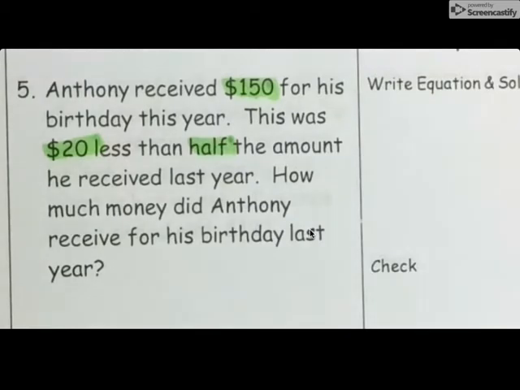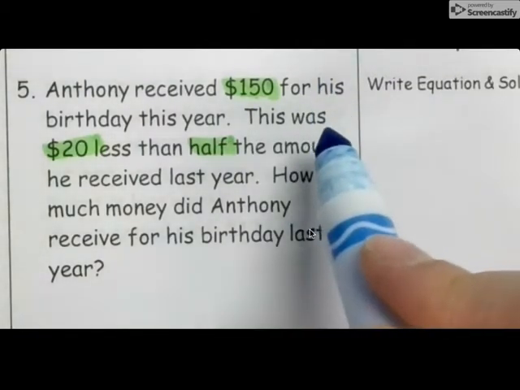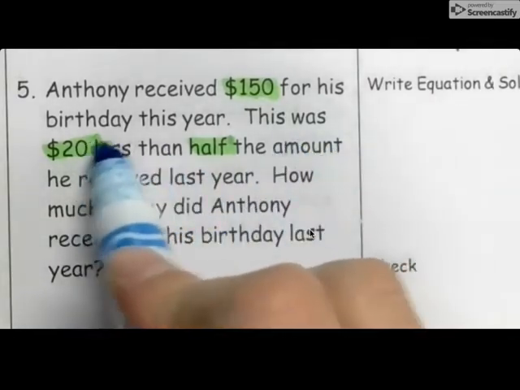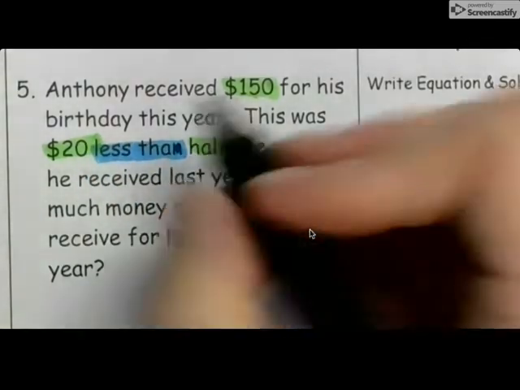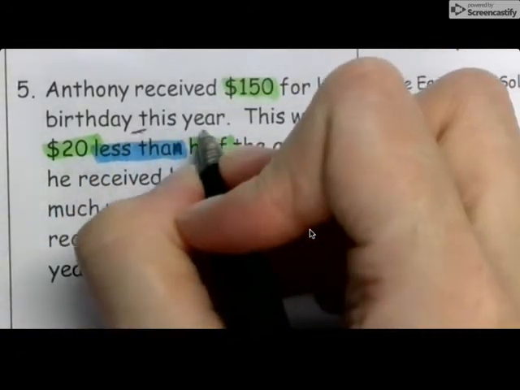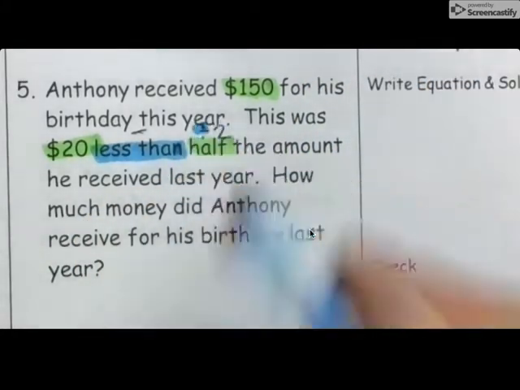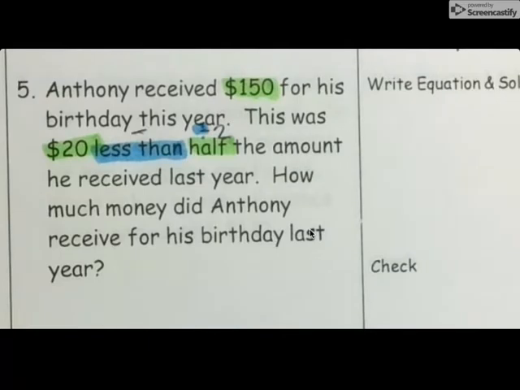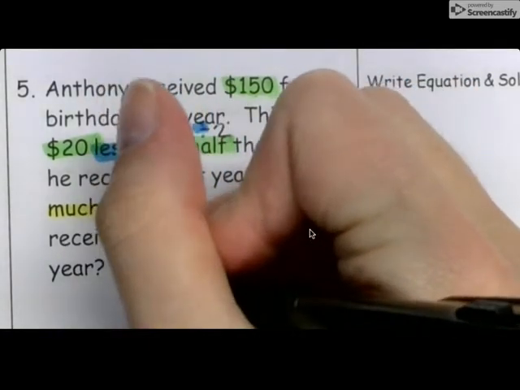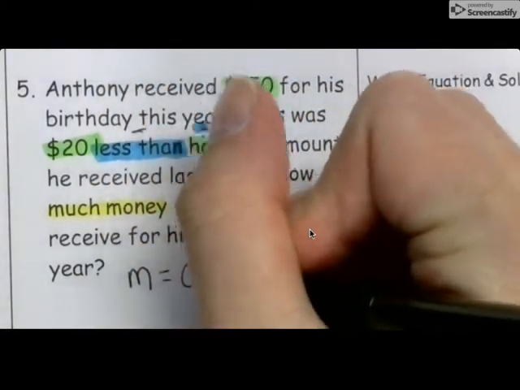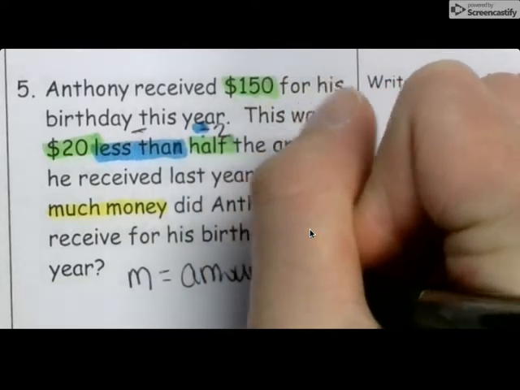All right. Then we have operators. So for his birthday last year, this was less than. So that's a minus. And what does half mean? Divided by 2. So that's my operator. All right. And then what are we looking for here? How much money he got. So we're going to use M again. M is going to be amount of money.